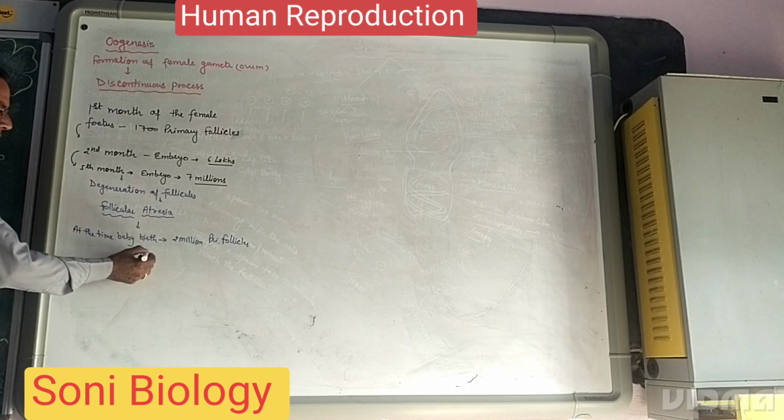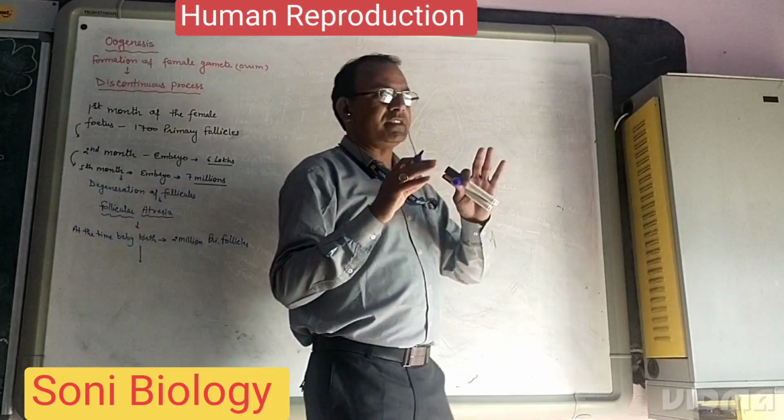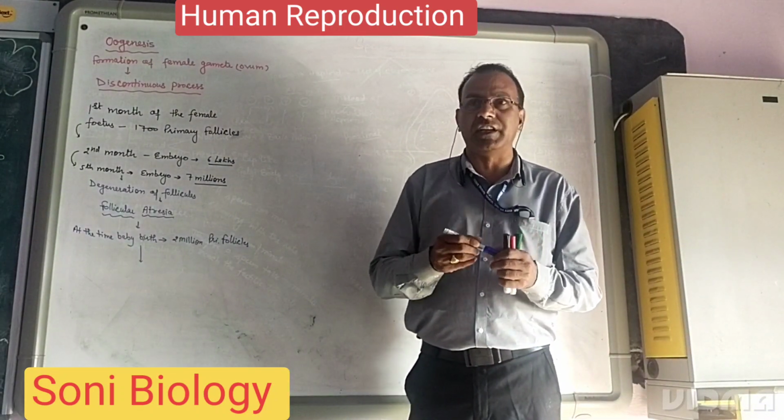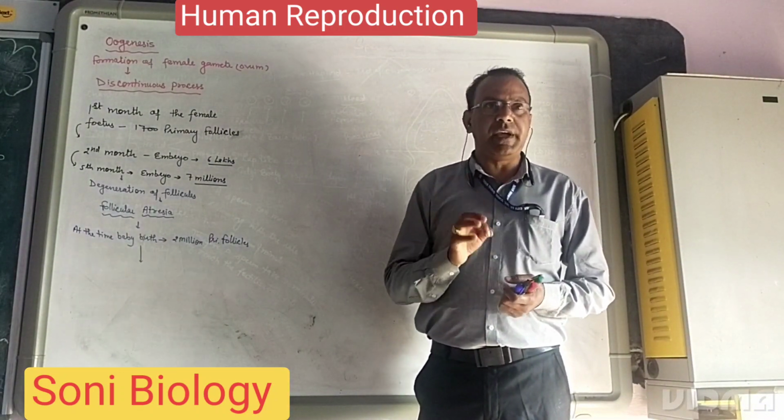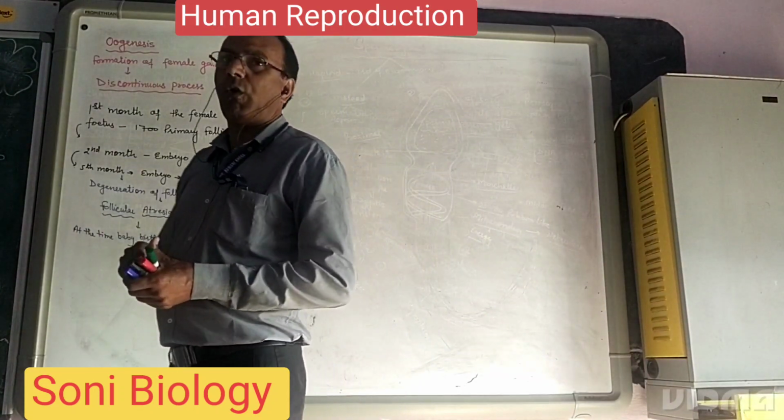Then these 2 million primary follicles continue to degenerate as the female reaches puberty.